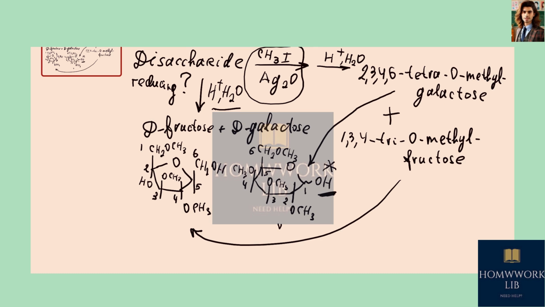In the product of hydrolysis on the fructose side, you have two OH groups. One of them is glycosidic, and another just an ordinary primary alcohol.